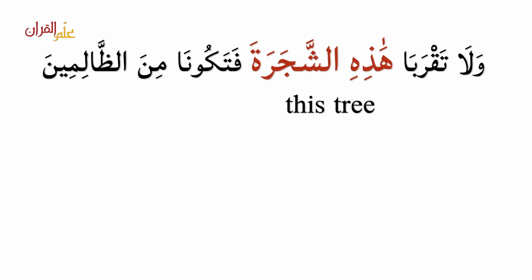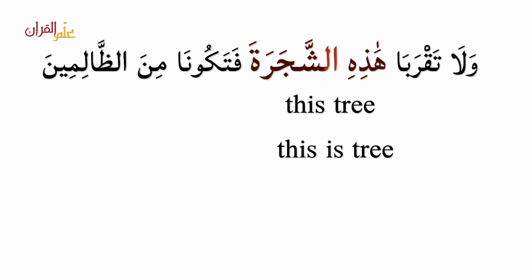هذه الشجرة, this tree. Here one thing to notice and one thing to remember, that هذه الشجرة means this tree, and does not mean this is a tree or this is the tree. It means this tree because of the alif lam. When the alif lam comes, it means this tree.